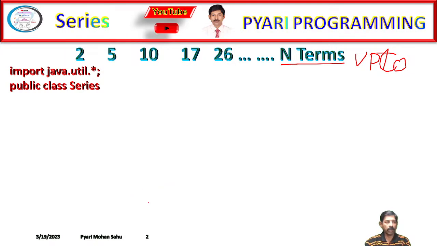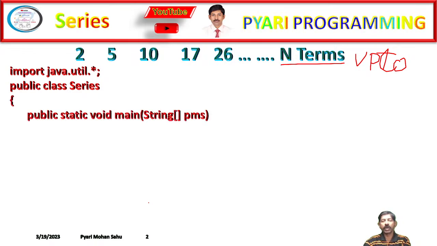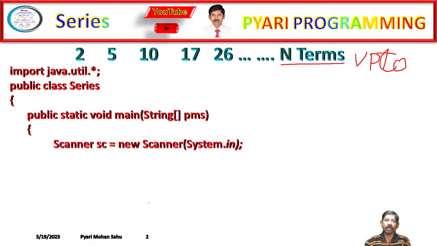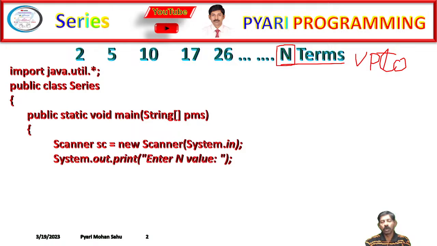I have taken the class name Series, then opening curly bracket, then public static void main, and within the curly bracket I will declare a Scanner class object, because n is unknown to me and I will accept the data for n. Now I will give a message, enter the value for n, then accept the data. Because it is integer type, I will use nextInt and store the data in n.